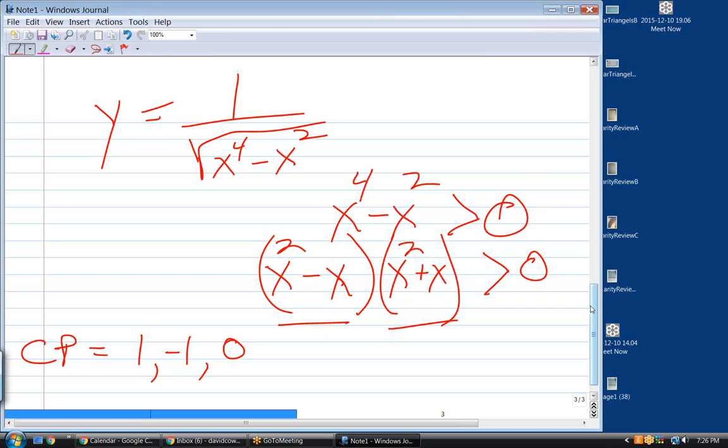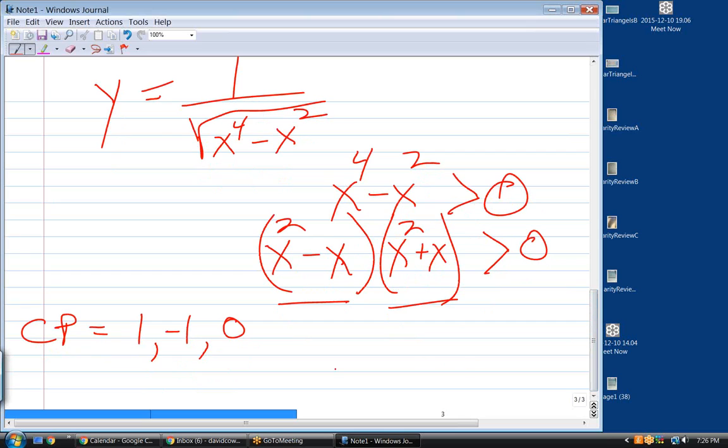So now what you do, once you've discovered the critical points, is you plot those critical points and do a line chart. And you start checking to the right and left. If I check this region, I want to plug in a number that's to the left of -1.